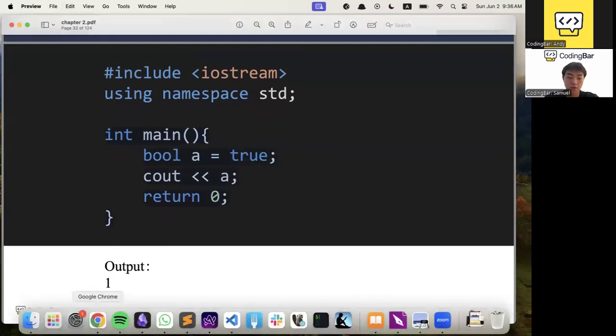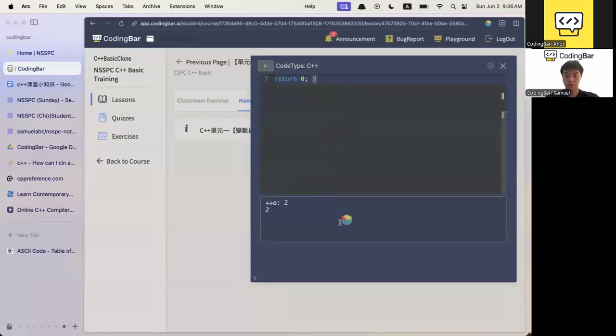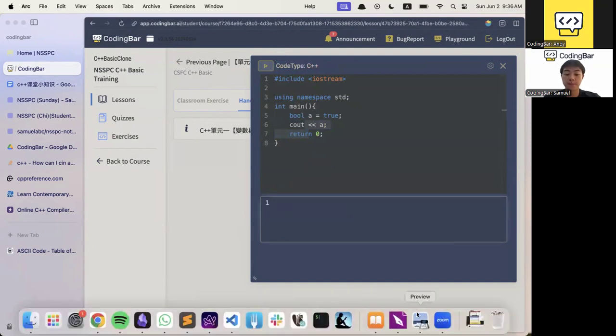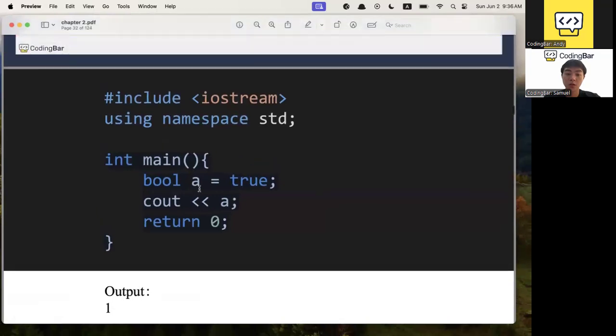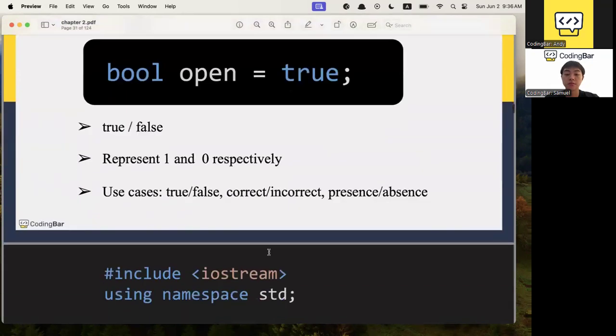Let's try this. So it will be 1. As you can see here, true is 1 and false is 0.